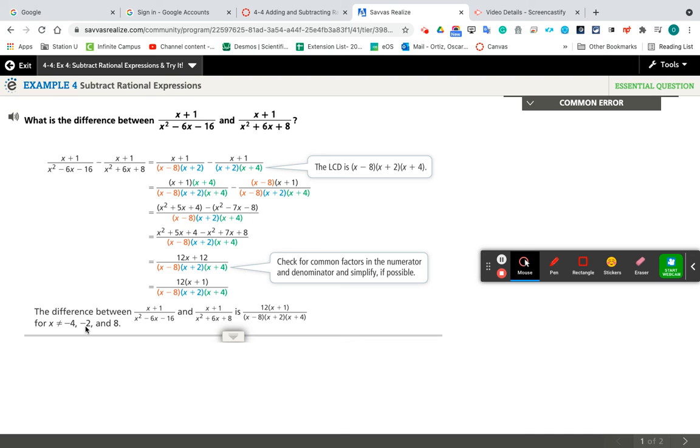And because we multiplied by x minus 8, that can never be 0. So we need to exclude that number. And of course, since the beginning we also had x plus 2, so none of the factors in the denominators in the LCD could ever be 0. So that's why you're excluding those numbers.